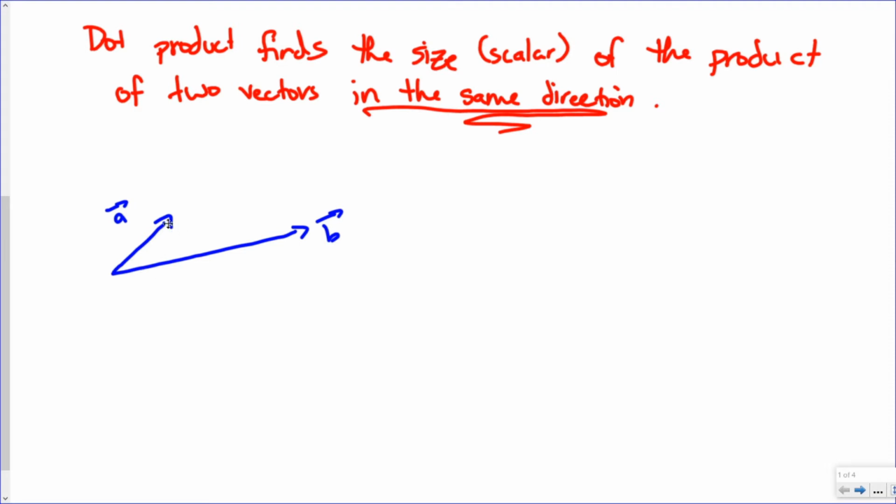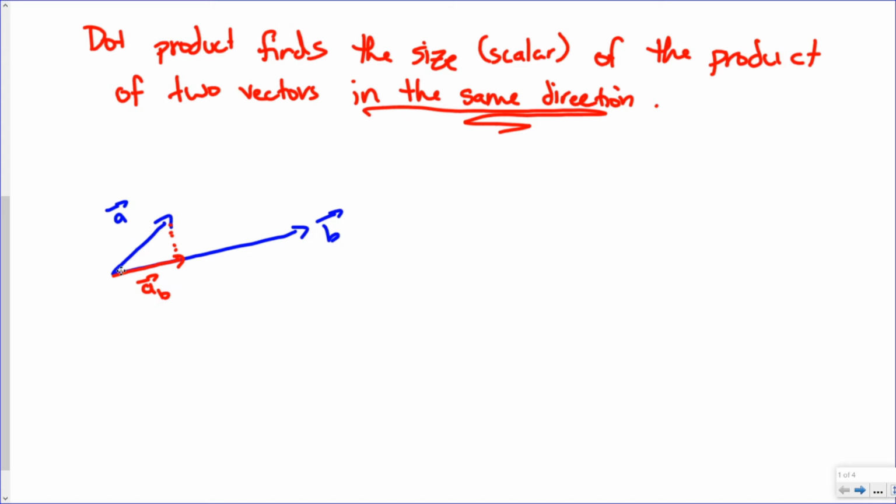Well, we have to take the component of A that's going in the same direction as B. And we would actually call this A sub B. We could use that notation. So this is the component of A, just like we've been doing before, breaking up our forces into their x and y components.